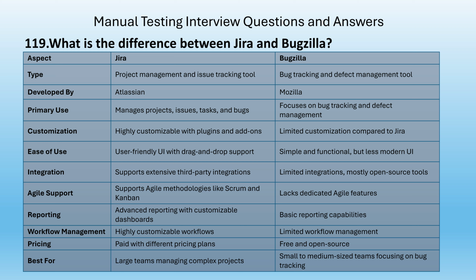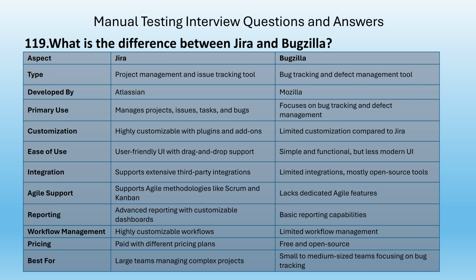Jira ease of use: user-friendly UI with drag and drop support. Bugzilla ease of use: simple and functional but a less modern UI. Jira integration: supports extensive third-party integrations. Bugzilla integration: limited integrations, mostly an open source tool.